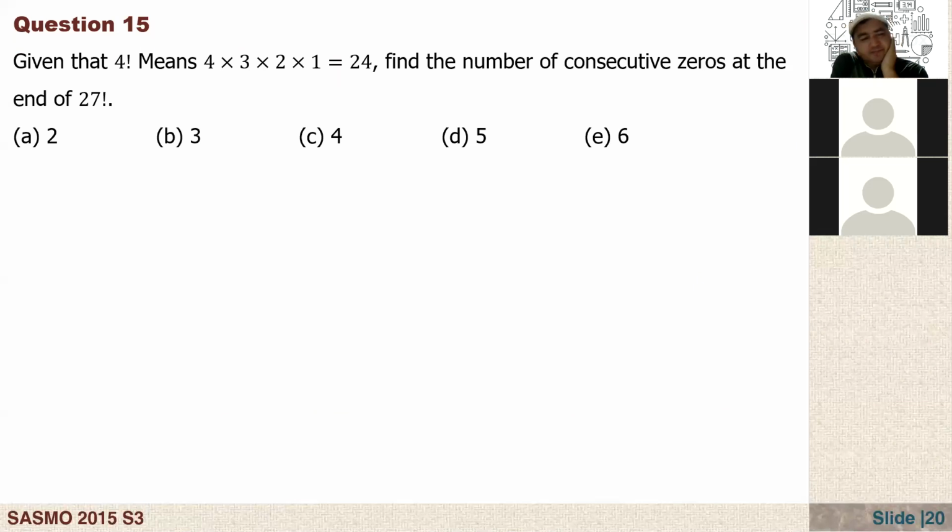That's a very easy question. Given that 4 factorial, we know the factorial means the product of the first 4 natural numbers, find the number of consecutive zeros at the end of 27 factorial. How many zeros do we have at the end of this number, Narmin?